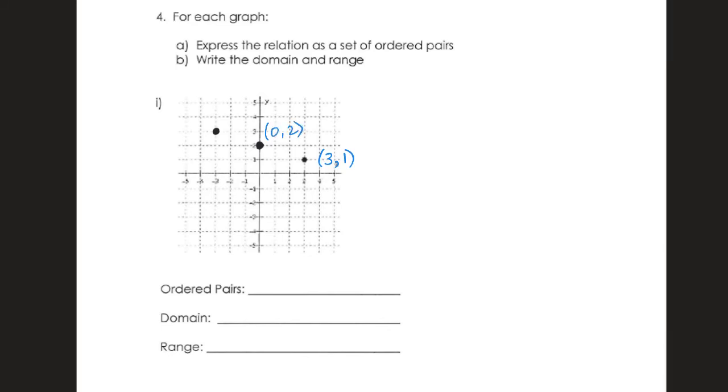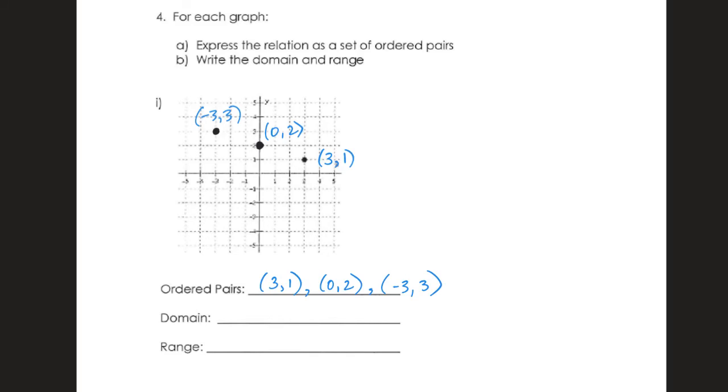We could label them on the diagram, but we could just write them down as our set of points. Now, when we list ordered pairs, there is no rule about what order you have to list them in. So if you just listed them left to right and you said, hey, this point at -3, 3, I would list first. No problem.